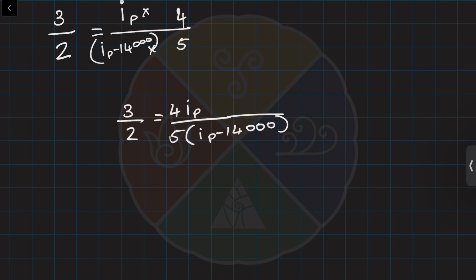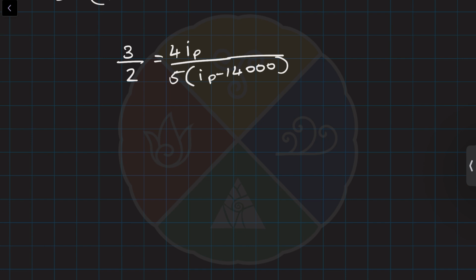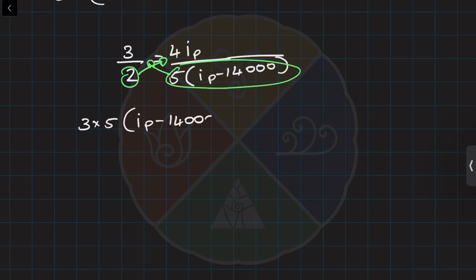By solving this, you will simply find the investment of P. To solve this, you can take the 2 to the other side. This entire thing will go to the other side. It is going to become 3 times 5 into IP minus 14000 is equal to 2 times 4 IP.